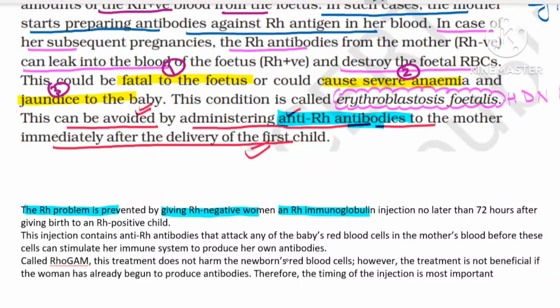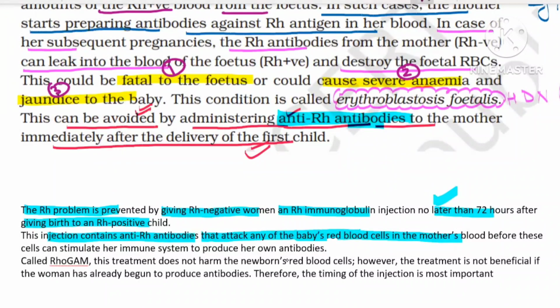It should not be later than a certain time, immediately after giving birth to an Rh positive child. And what does this injection contain? It contains anti-Rh antibodies, which will attack the RBC of the fetus which entered into the mother's blood.